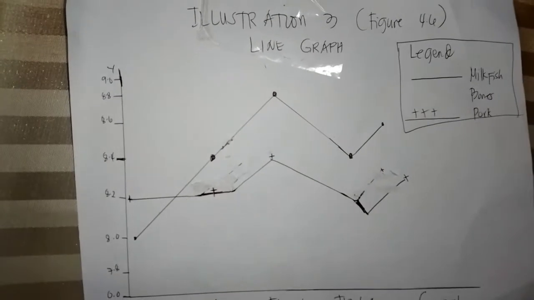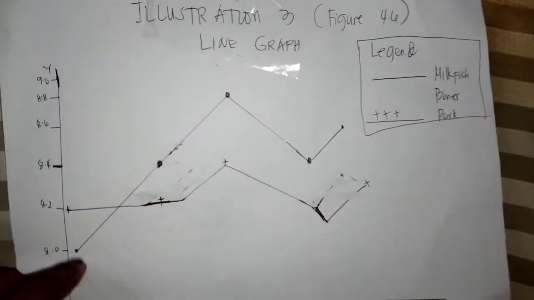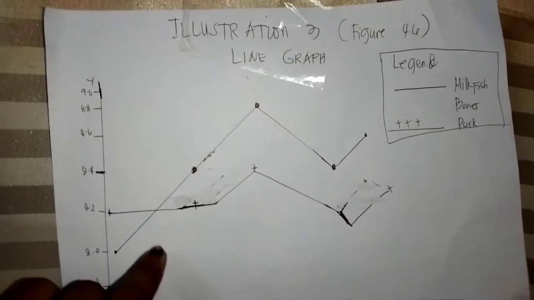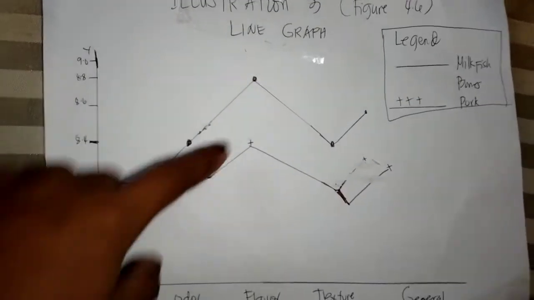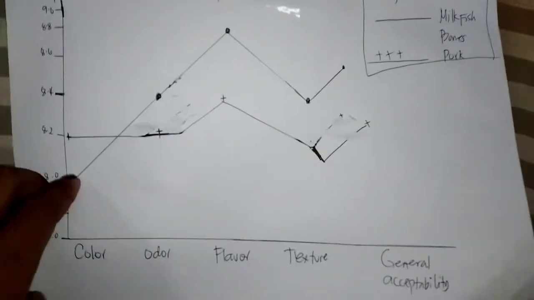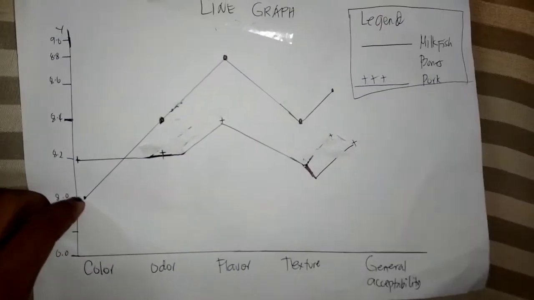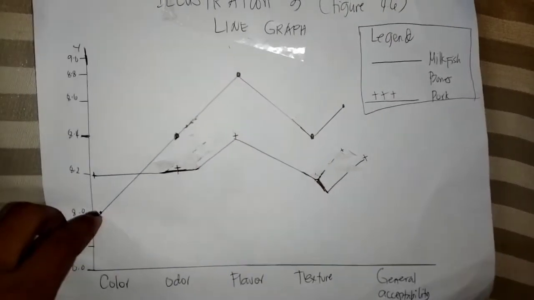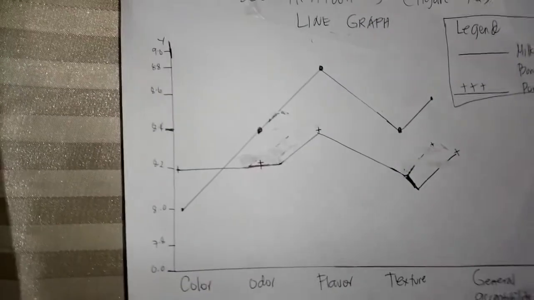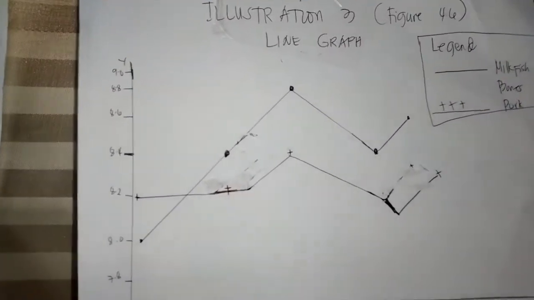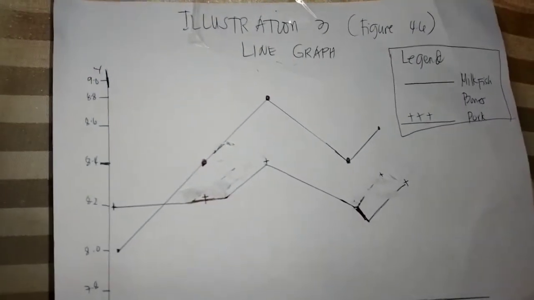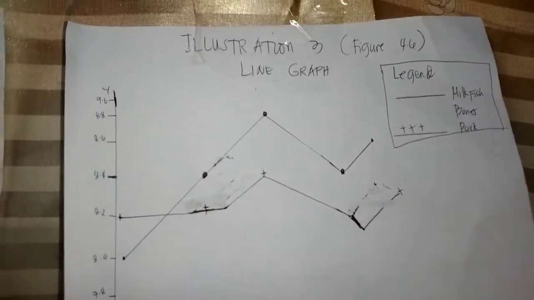As we can see, it has a sign here. It represents the pork, which is the plus sign, and the point here, or the circle sign, is the milkfish. Now let's see how we should structure the amount of milkfish bones and pork.